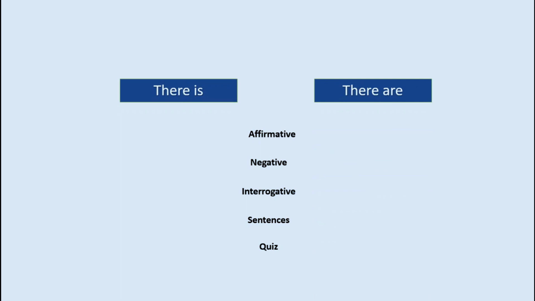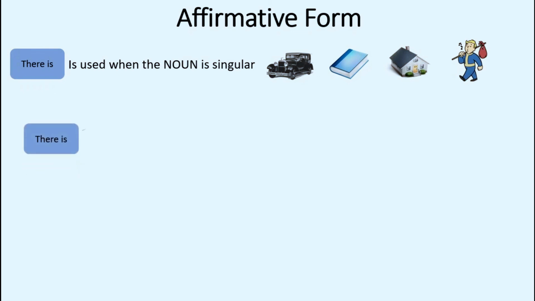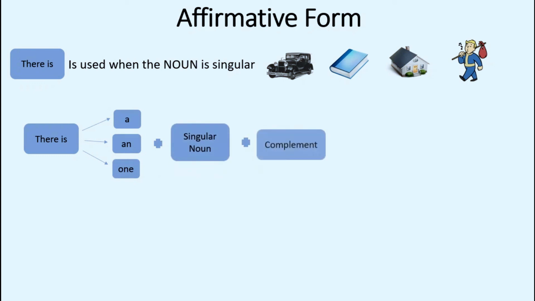So let's get started. The affirmative form for there is used when the noun is singular. For example, a car, which means one car, a book, a house, a person, or someone. So normally there is precedes the articles a and an, or we can use one, which is singular, plus the singular noun plus the complement.